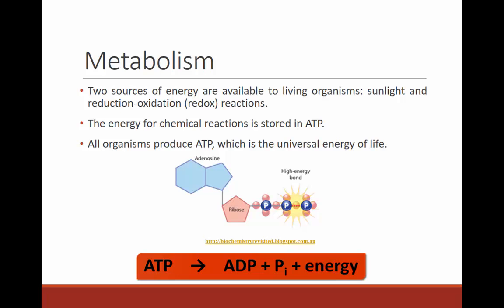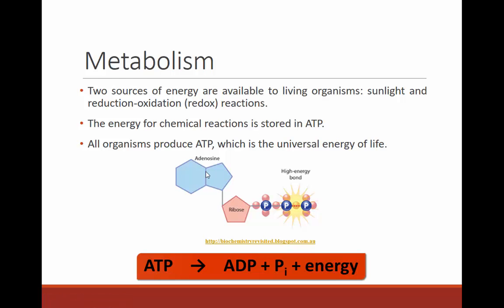If you look generally, there are two different sorts of energy that are available: sunlight and the redox reactions. The energy for chemical reactions is simplistically stored in ATP. ATP is adenosine triphosphate, so there are three phosphates, and all organisms produce ATP.